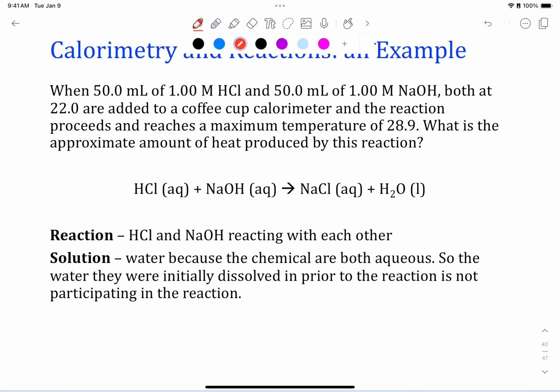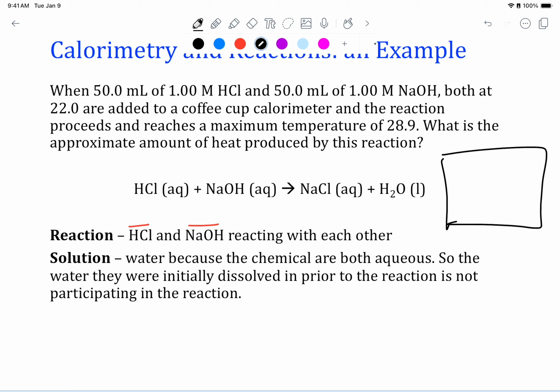So as we come back, our reaction is simply the atoms or the ions of NaCl and NaOH reacting with each other. So if I were to look at a reaction vessel, I'd have a lot of H2Os around. And these are not the H2Os from here.